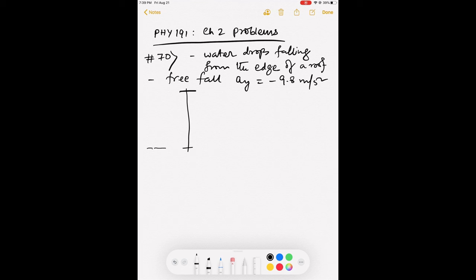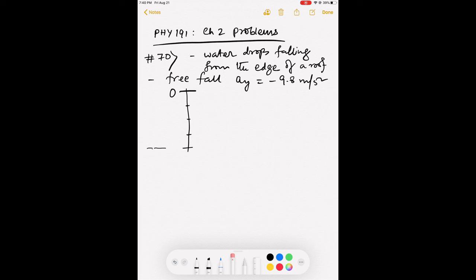So it's wise to have the origin right here so that you can use the negative part of the y-axis for this problem. There are 5 water drops. There's one here, another here.